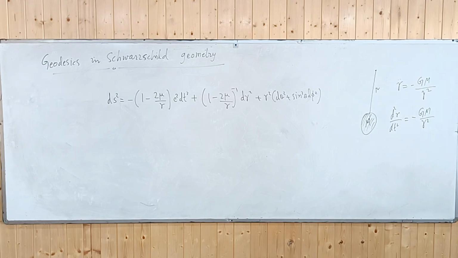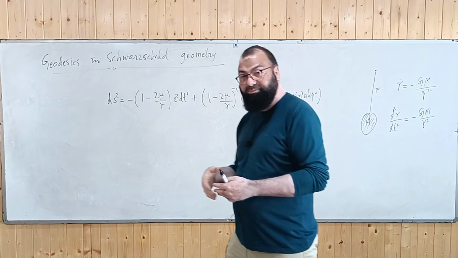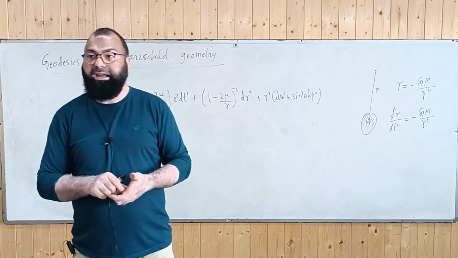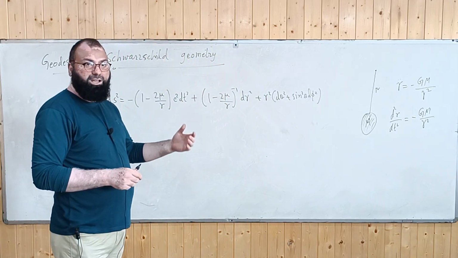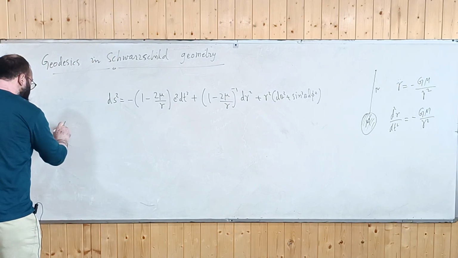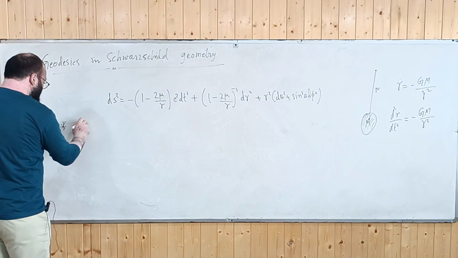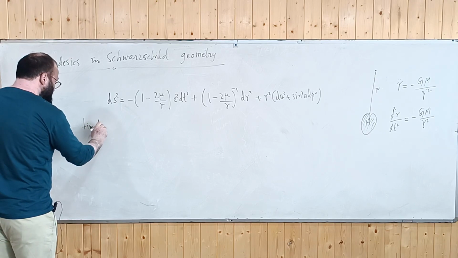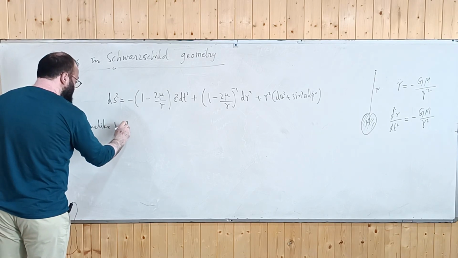What are the equations of motion describing those geodesics? If it is light, we call it a null geodesic, and if it is some massive particle, we call it a timelike geodesic. So our aim is actually to look at general formulas for timelike and null geodesics.